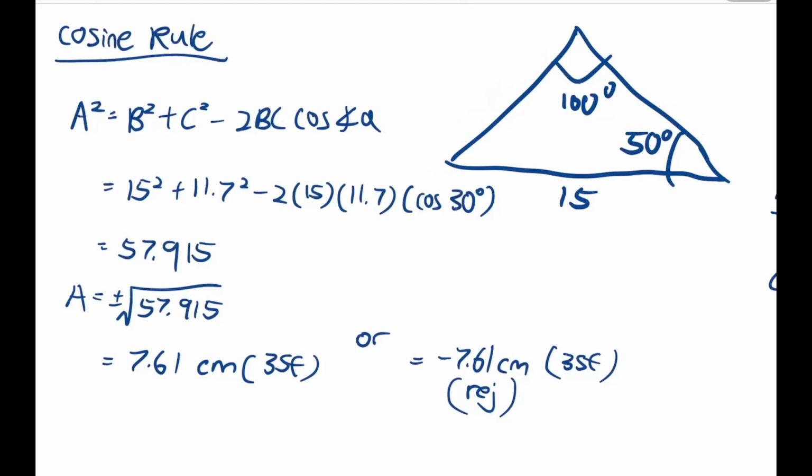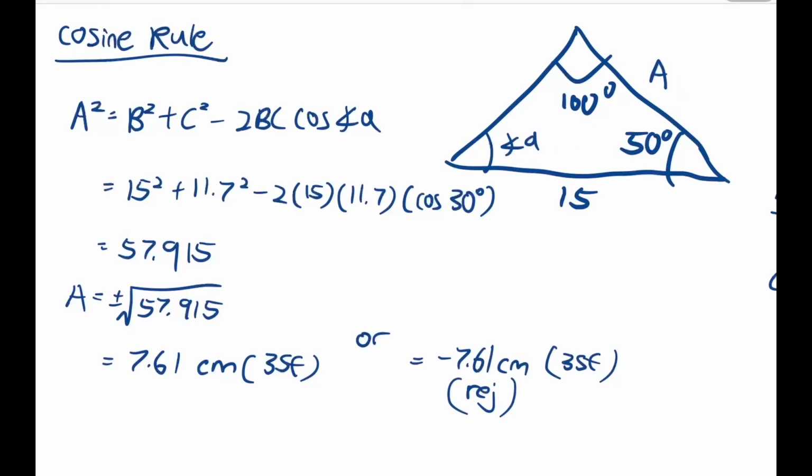I'll call this length A, and this angle will be angle A. Notice I've changed the names for the length and the angle, and this is fine when you're jumping from sine rule to cosine rule and later on to your half AB sine C. I can change the names for the length, but do note that the length and the angle that are opposite to each other must be the same name. That's the thing that you need to take note of.